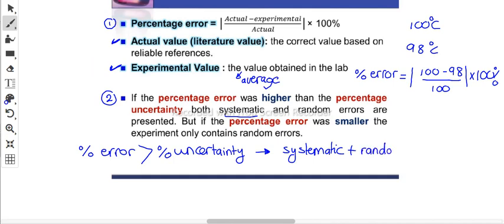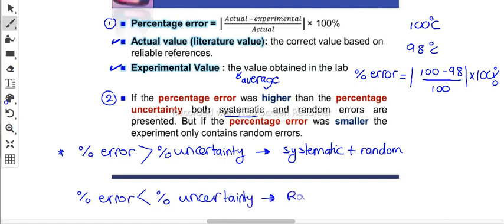Then you're going to specify what the systematic and the random errors are. But in the second situation, if your percentage error was smaller than the percentage uncertainty, this is an indication that your experiment mainly contains only random errors.